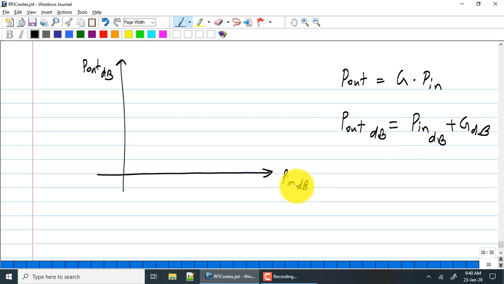So let us say I start from something very small. It turns out that this is of course linear with a slope of 1. Right. So let me at least show a 45-degree line.